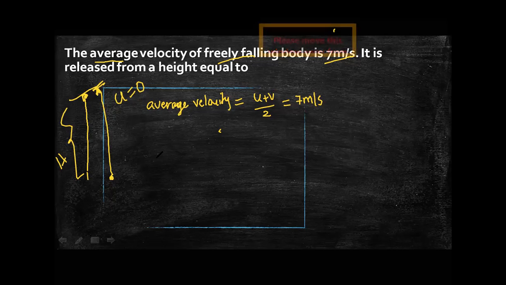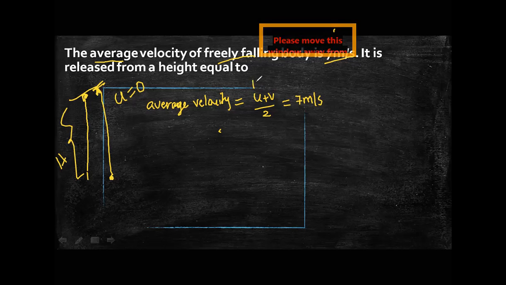Ask your brain now. Height is asked, the freely falling body's initial velocity is 0, but he gave the average velocity. The formula is u plus v by 2, but here u is equal to 0. So u plus v equals 14.